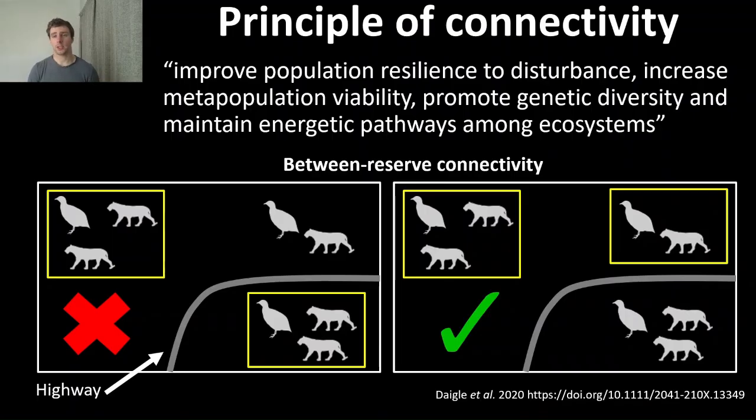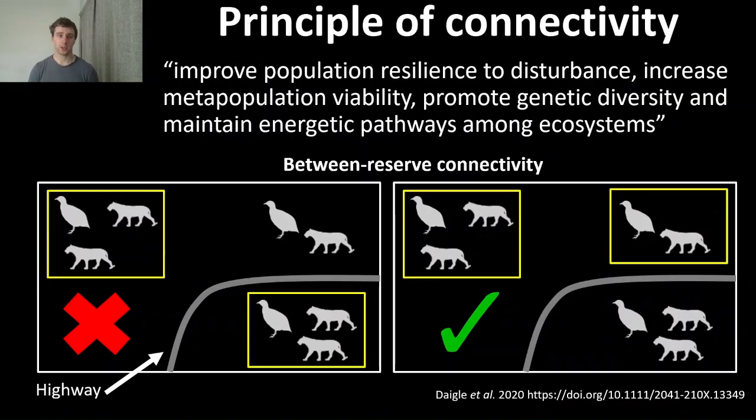So here we've got a situation where we have some more populations of animals, and the one on the right is a good one with the green tick. The one on the left is a not so good example with the red cross. In this situation, we have a highway that cuts through part of our study area. If we put protected areas in the top left and bottom right parts of the study area, individuals would have to leave the reserve, cross this highway, and then enter the other reserve in order to maintain those movements.